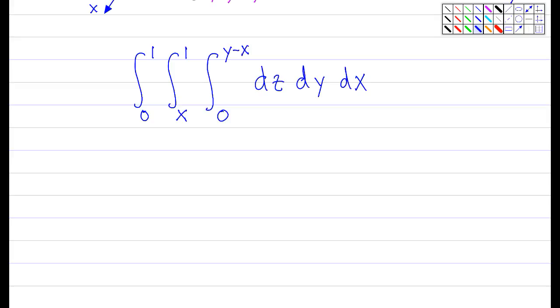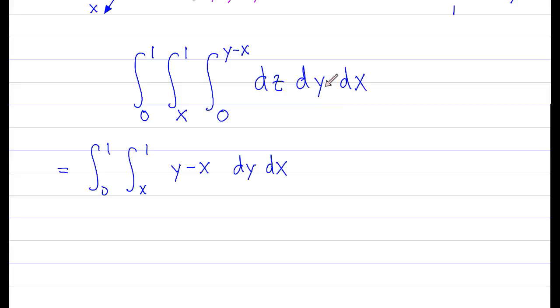Okay, so we go inside out. Let's do that inner integral first. The integral of dz is just z, evaluated at the upper and lower bounds. So it's just going to be y minus x minus 0, and I'm not going to put in the minus 0. We've already got our triple integral down into a double integral.